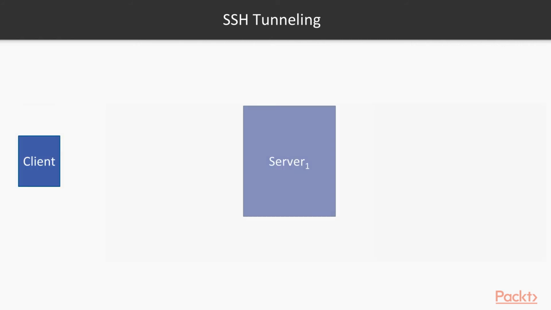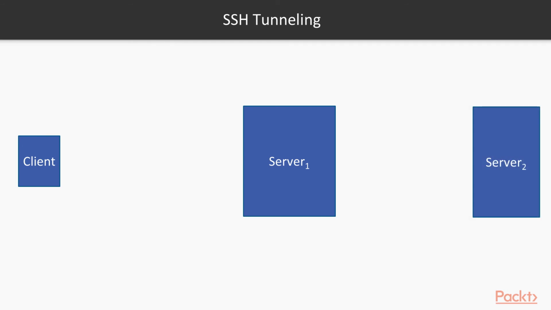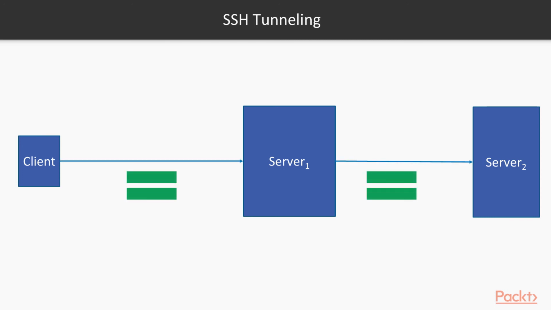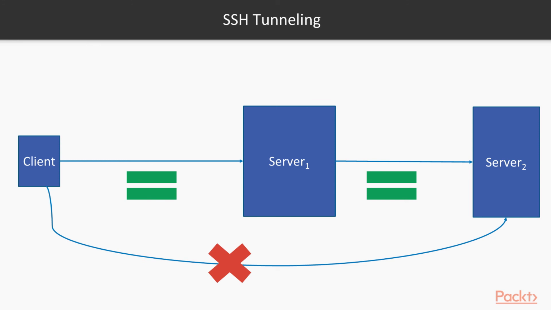Well, with SSH tunneling, you have the client, you have one server, and you have another server. And let's say that you cannot reach server 2 from the client directly, but you can reach server 1 from the client, and you can reach server 2 from server 1, but not directly from the client to server 2.